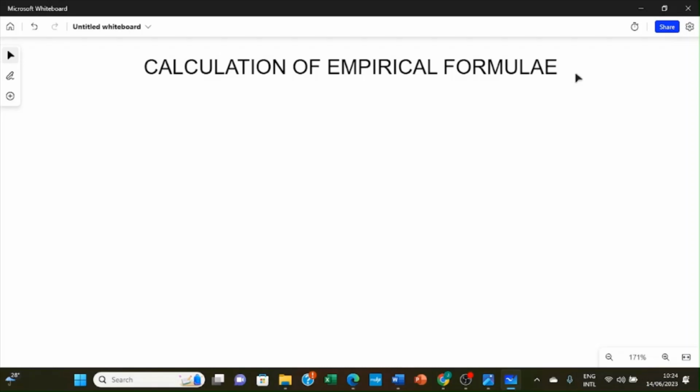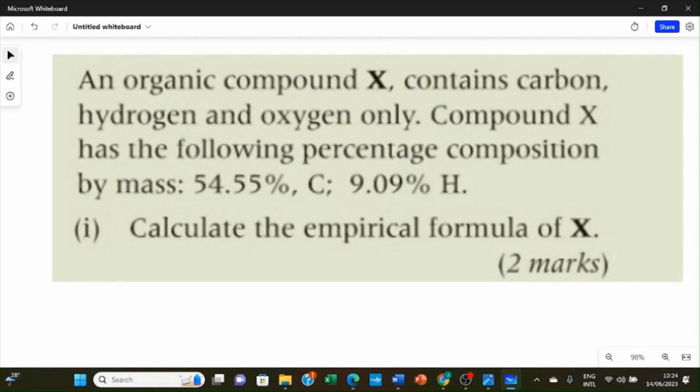So now let's take an example. This is a typical example. An organic compound X contains carbon, hydrogen, and oxygen only. Compound X has the following percentage composition by mass. So here you are given the percentage composition by mass of carbon and hydrogen.